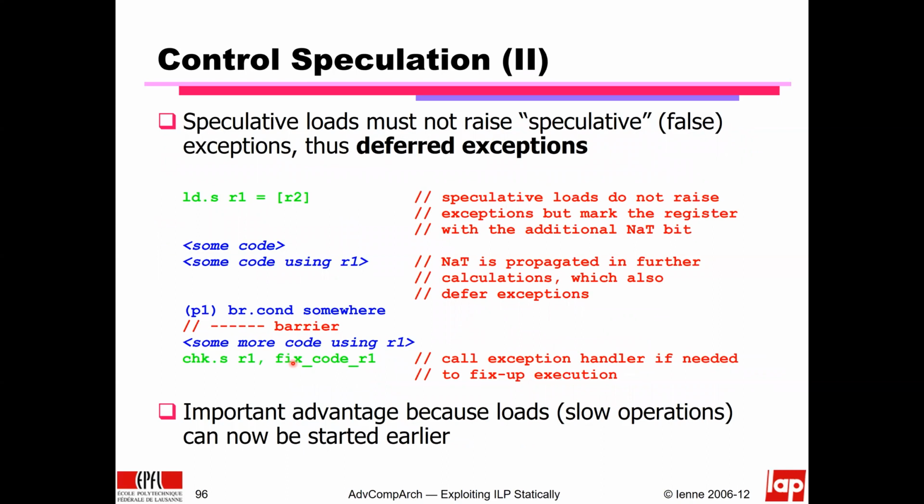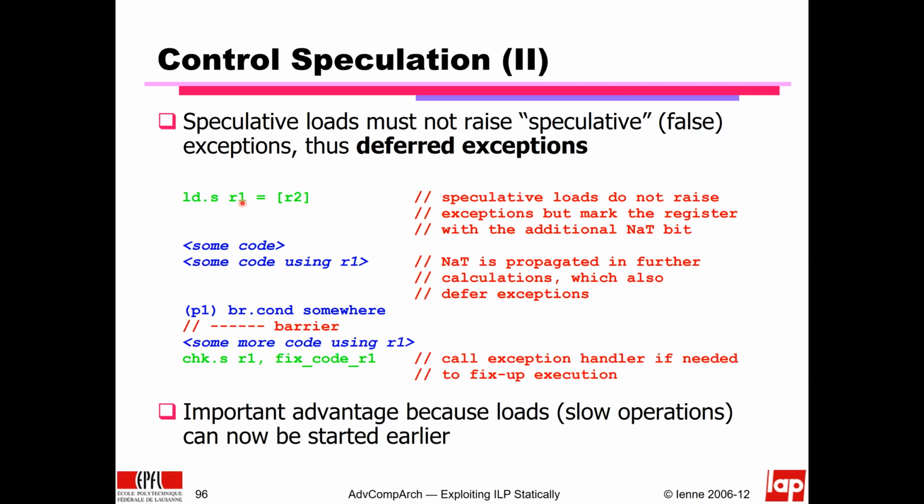The method that Itanium has to do it, because I really need to do this if I want to be efficient, is to bring it before the branch, but do a special type of load. And this load puts in the register R1 one more bit. Remember the poison bit that we discussed?